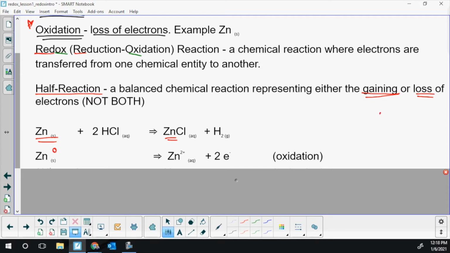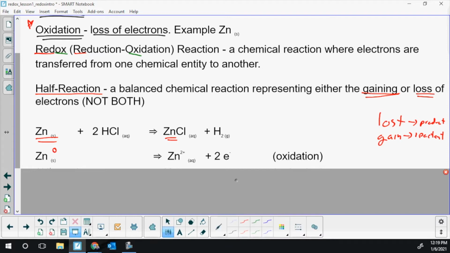Anytime electrons are lost, they're going to be a product. Anytime there's a gain of electrons, they're going to be a reactant. Okay? So I'm writing the oxidation. Electrons are lost here. They're going to have to show up on the product side.